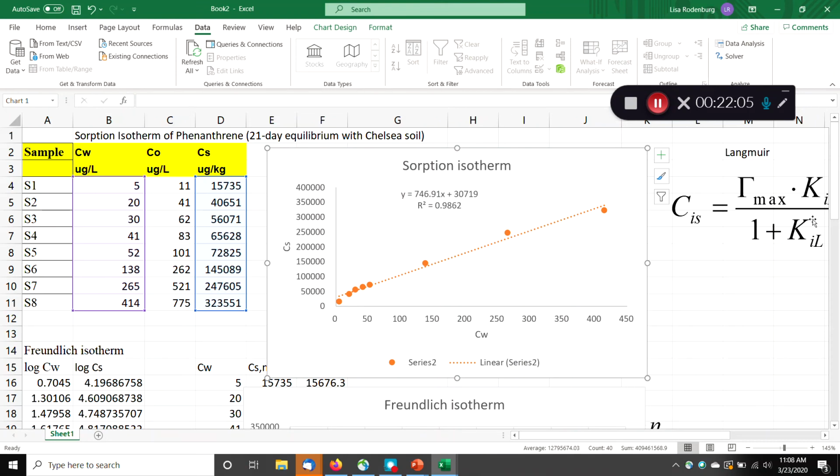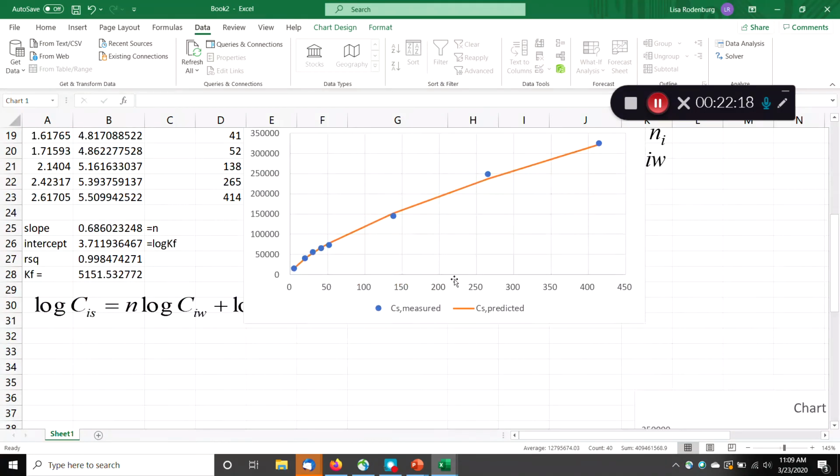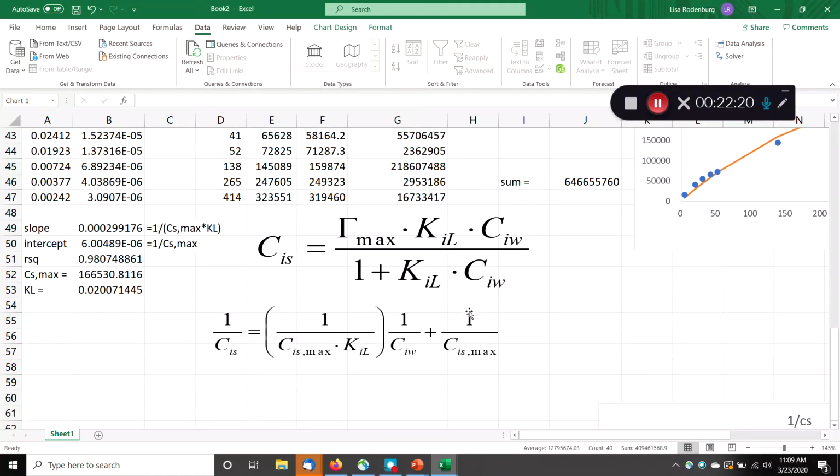Because when you do the linearization, you take 1 over the concentration, so 1 over a really high concentration becomes something really small over here, and that is what is constraining the intercept. The intercept is where you get CS max. So if you're doing a Langmuir isotherm, you have to continue your concentrations out until you get a level value of CS max so that you can constrain your intercept properly. If you don't, you're going to get exactly what we got before, a really bad curve fit.